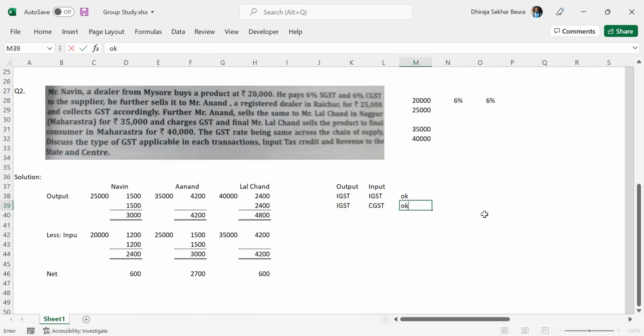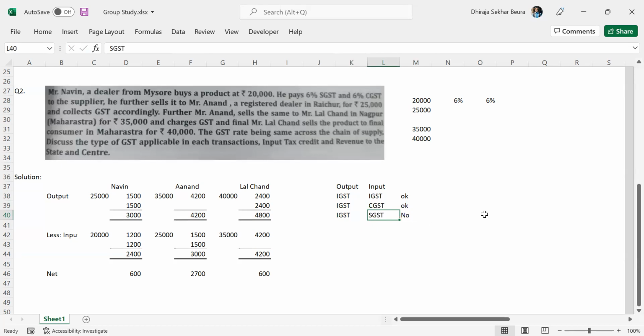This is also okay. Suppose output is IGST, but input is SGST. That is not okay. But we discussed, IGST first will be adjusted with CGST. If still some amount is left, then we can adjust with SGST.